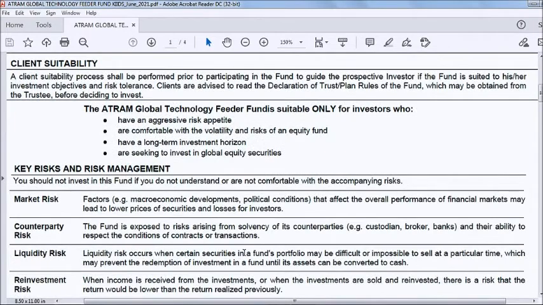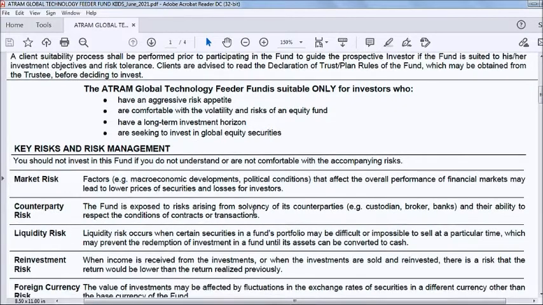So, we also have what are called key risks and risk management. You should not invest in this fund if you do not understand or are not comfortable with the accompanying risks. Number one risk, market risk. Factors such as macroeconomic developments and political conditions that affect the overall performance of financial markets may lead to lower prices of securities and losses for investors.